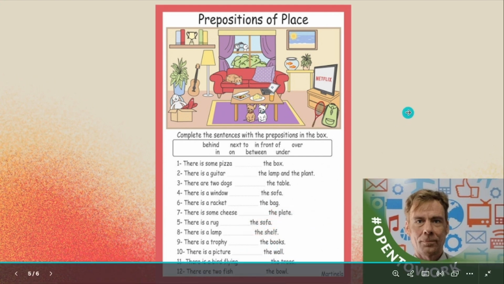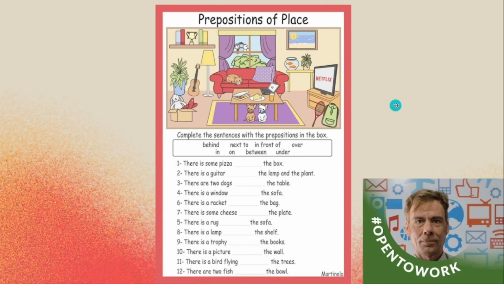There is a bird flying the trees. Here's the trees. There's the bird. The bird is flying over the trees. And finally, there are two fish, the bowl. Here's the fish. Here's the bowl. The fish are in the bowl.